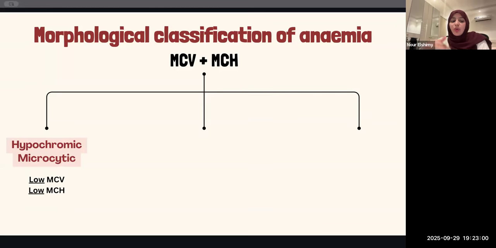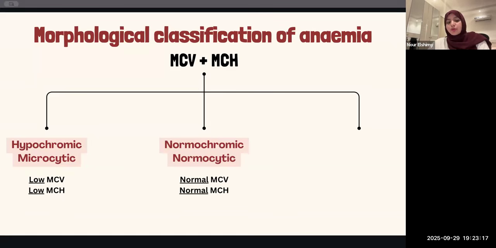This means we have a low MCV below the normal range and low MCH. Low MCV means smaller size of red blood cells. Low MCH means less hemoglobin content inside each red blood cell. The next case is normochromic normocytic, which means we have a normal MCV and a normal MCH, so normal sizes of red blood cells and normal hemoglobin content inside the red blood cells. Okay?